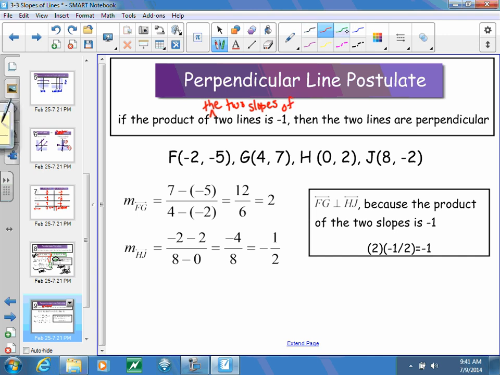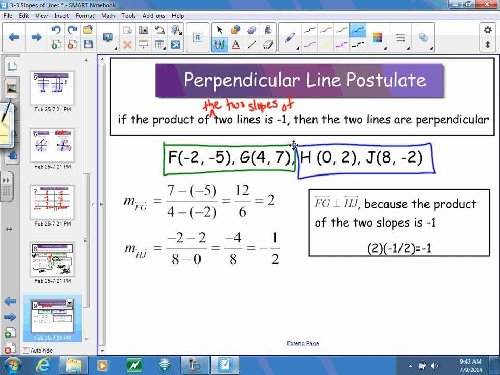So again, I've gone ahead and taken these two lines and already found the slope for us. So I found that the slope of FG is +2 and the slope of HJ is -1/2. Now, hopefully you can clearly see that these two slopes are not the same, therefore they are not parallel to each other, but they are opposite reciprocals of each other.